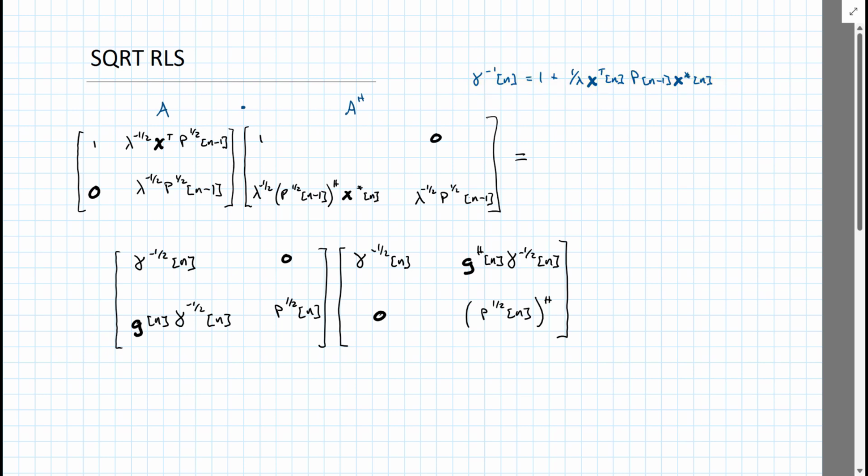On the bottom set of matrices, we get gamma to the negative 1/2 times gamma to the negative 1/2 gives us gamma to the negative 1, which is the same thing we got above. You can go through and test each of these four vector-vector products, and you'll find out that, yes, indeed, these values are all equivalent. They're just expressed differently and factored differently. So we're going to label this matrix B, and that will be B Hermitian.